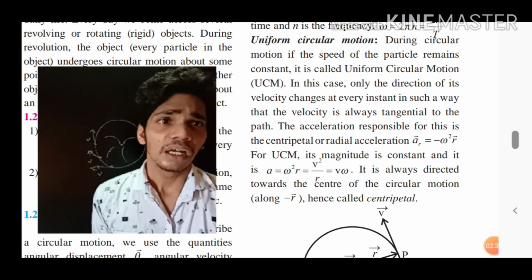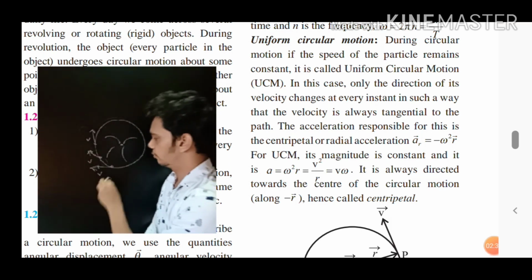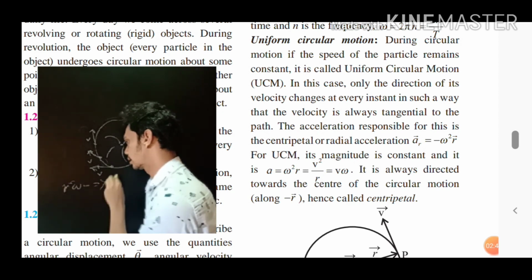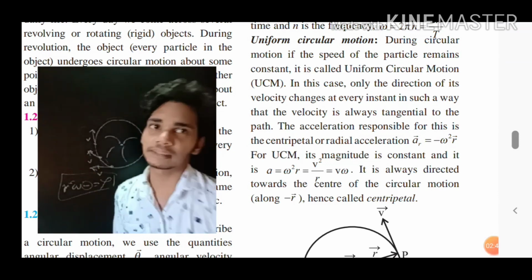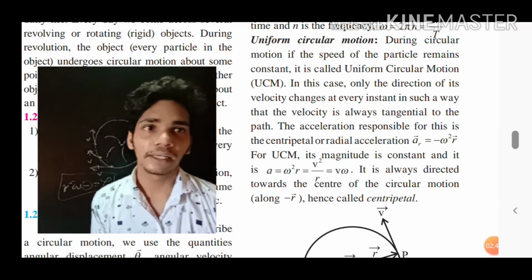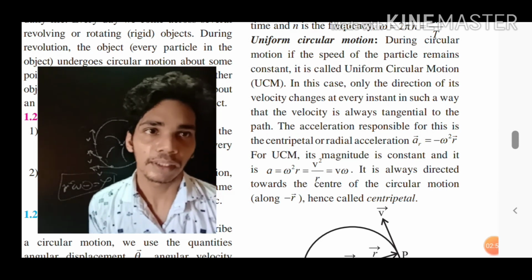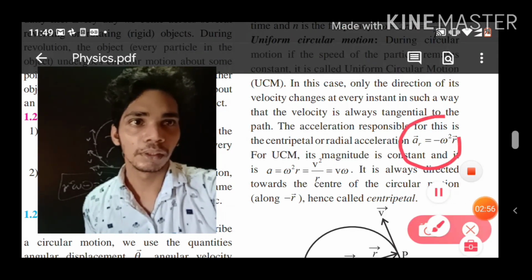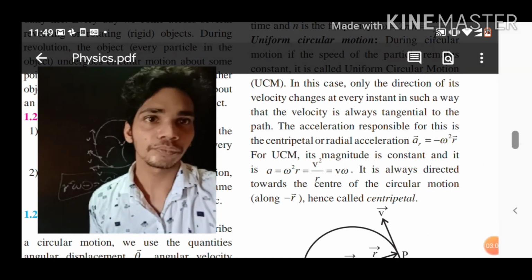The value of alpha is given with a minus sign, which indicates that it is moving towards the center. For this centripetal acceleration you can see the expression given over there, correct? Okay, so let's move ahead.